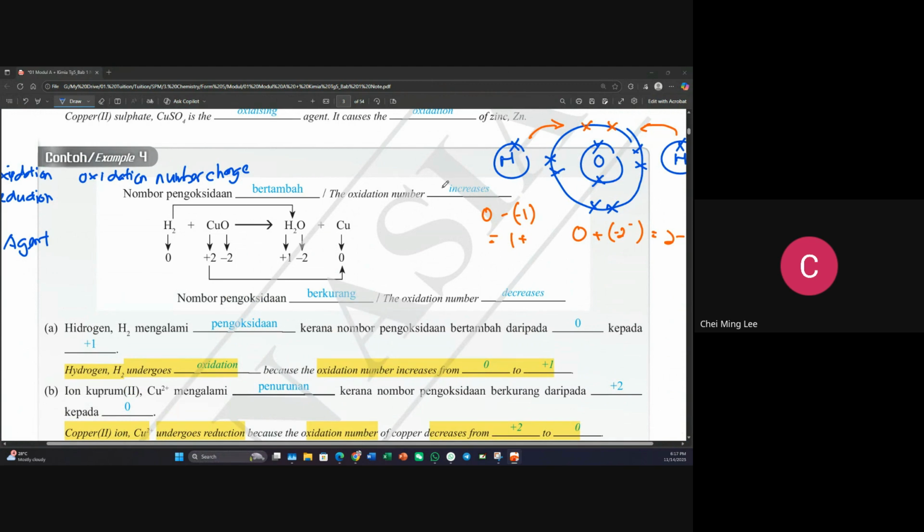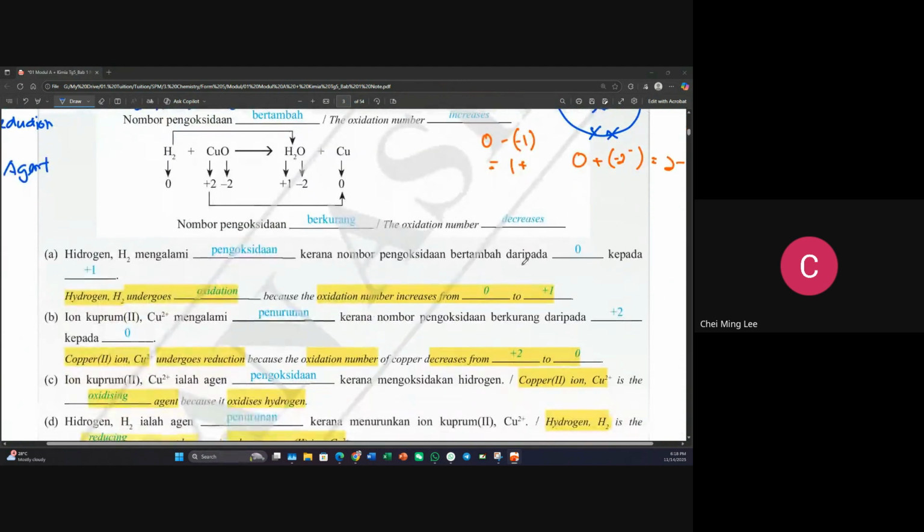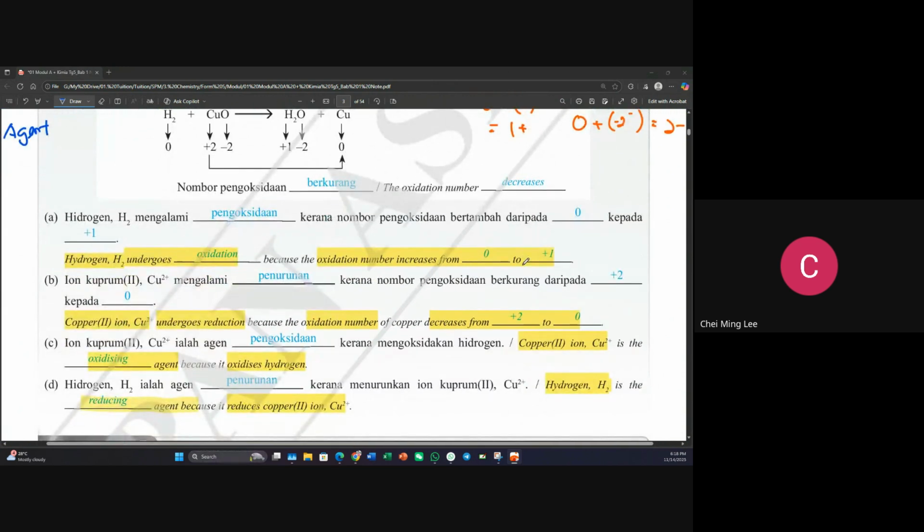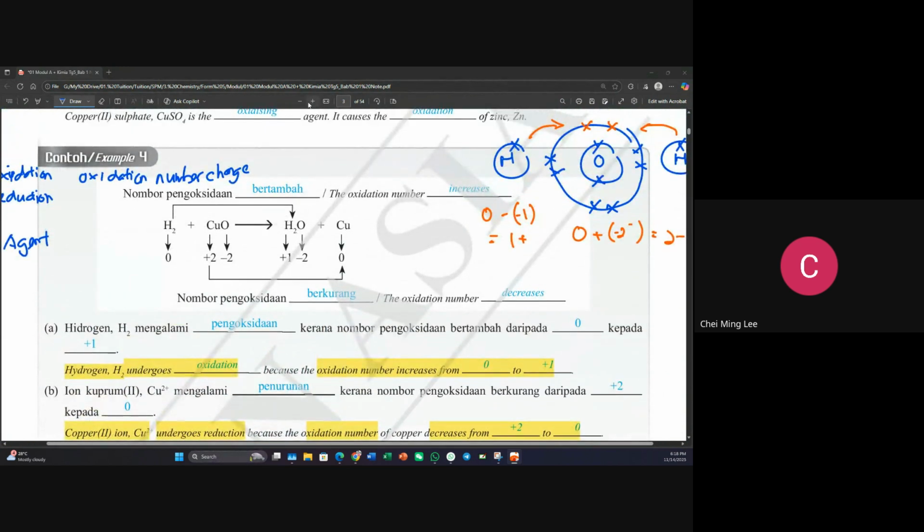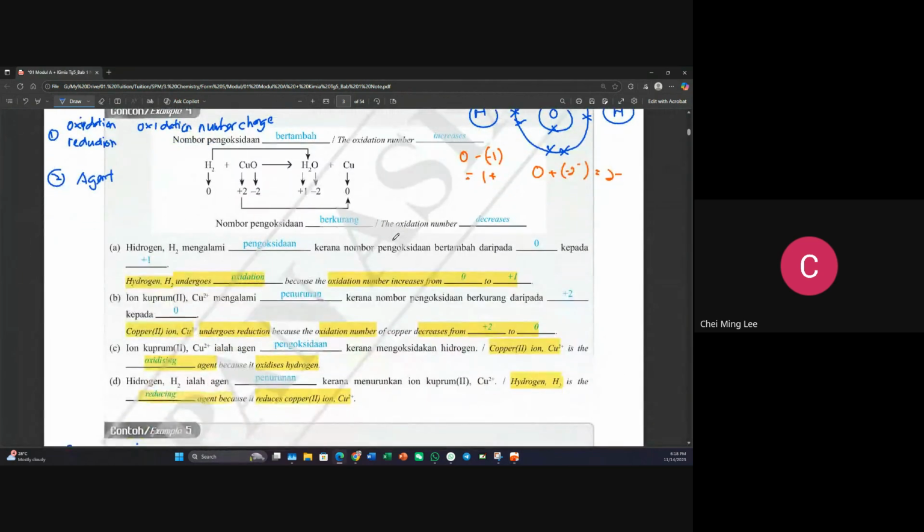Now this one shows how the value changes. Let me reduce a bit. Can see? Yes, all right.